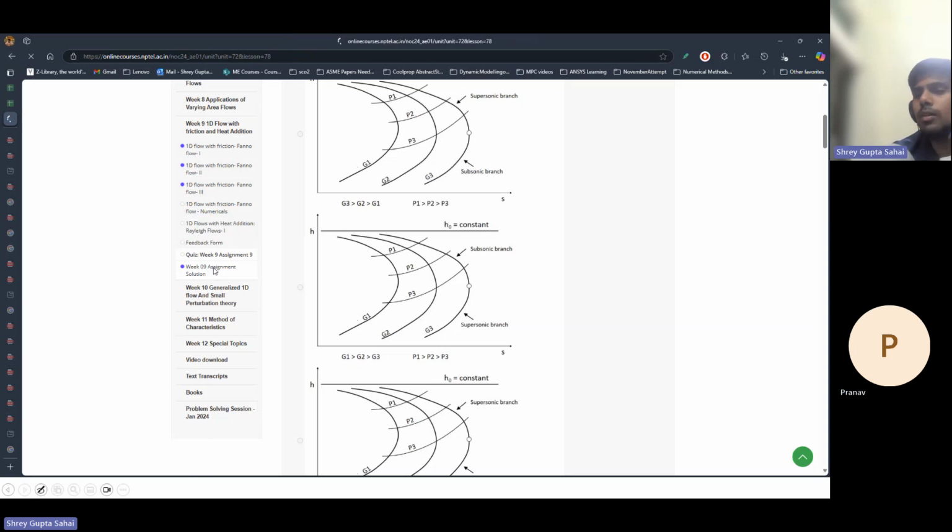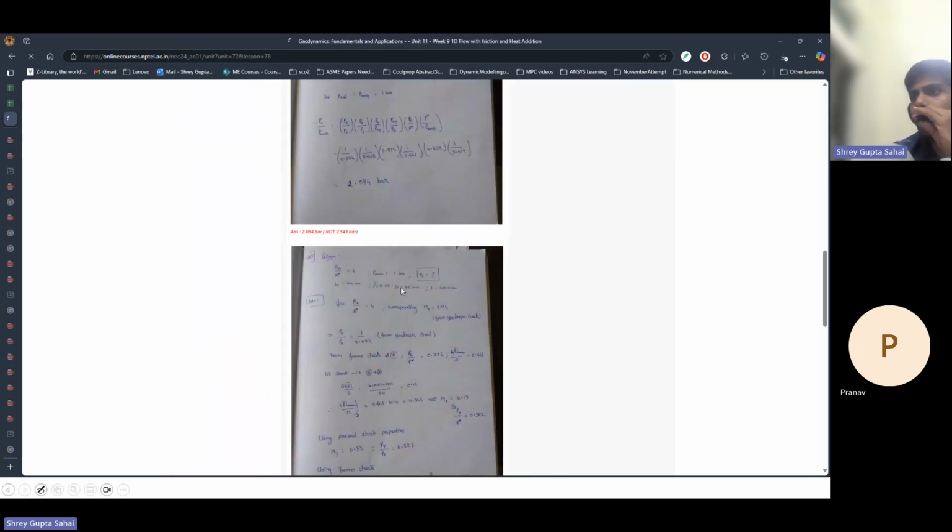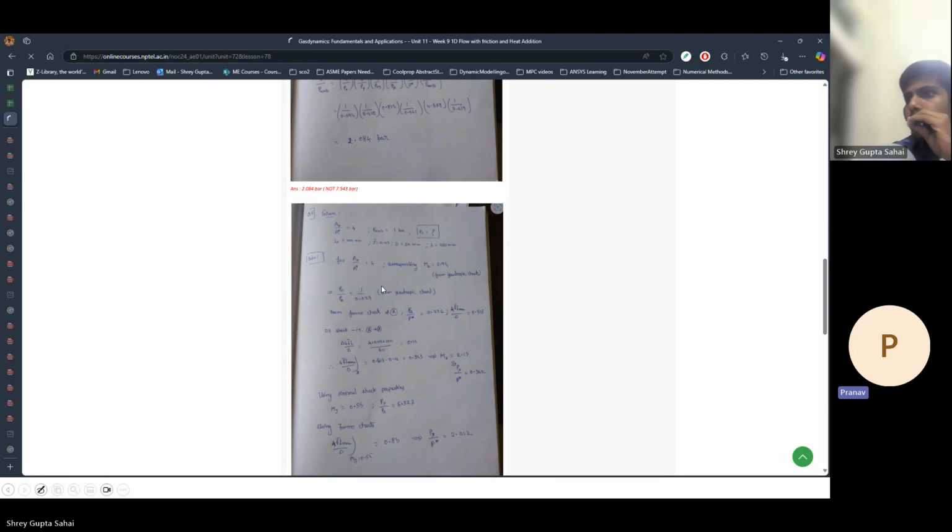You subtract that value and get 0.3545. What is the Mach number you get?